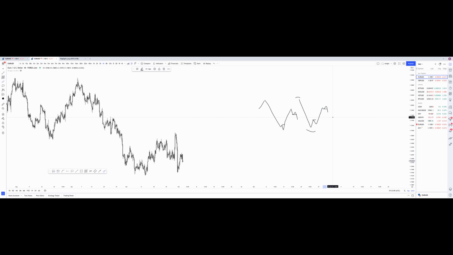Can't we just use internal structure? Yeah, I think we probably should, to be honest. I'll try to think of a different way to phrase it, because it's all internal structure. The main structure we want to focus on is swing structure, the swing legs of price. That's the most important thing. Everything else is internal and is more viewed as order flow.